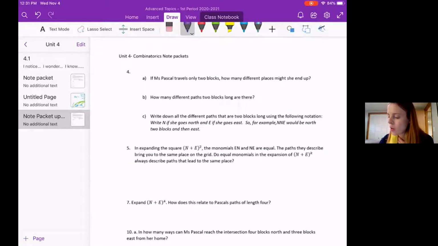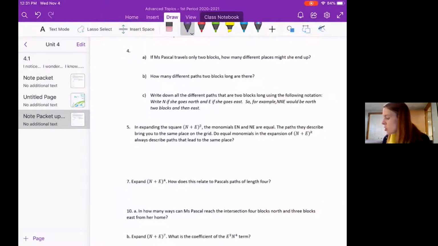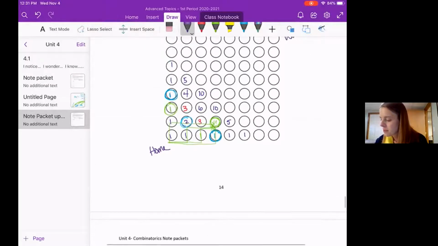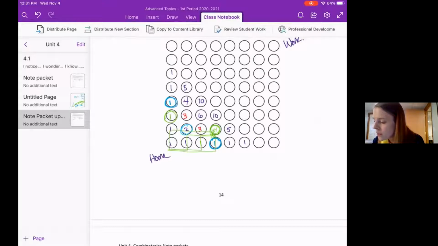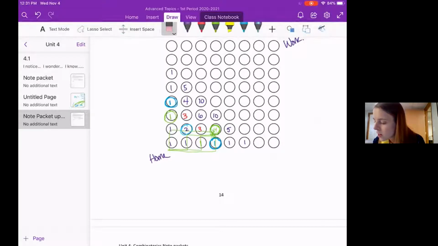All right, take a look at question number 4. Question number 4 says, if Miss Pascal travels only 2 blocks, how many different places might she end up? So we're going to go back to our picture, and we're going to go 2 blocks. I think I will use some different colors to help us here.